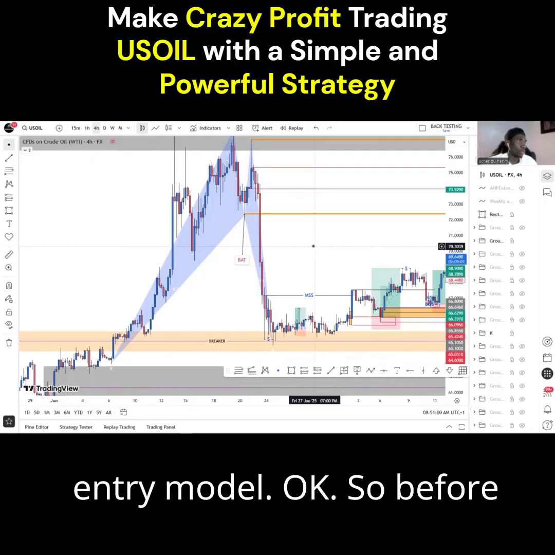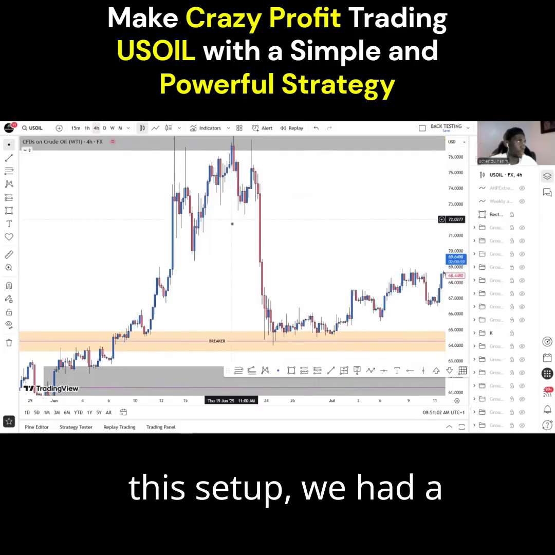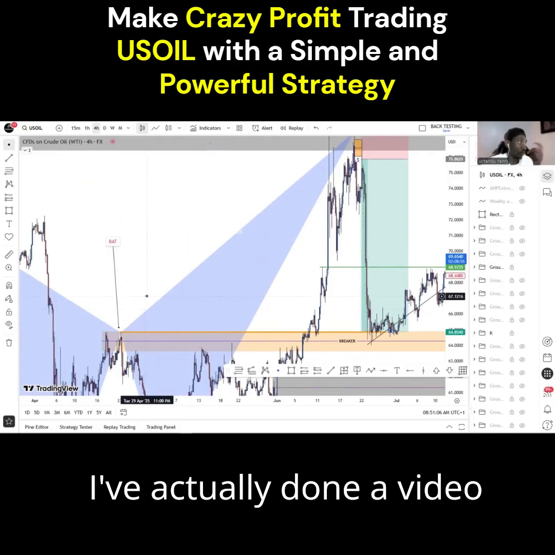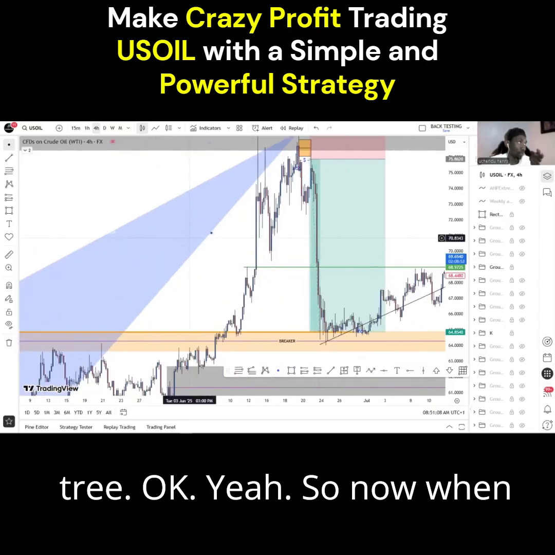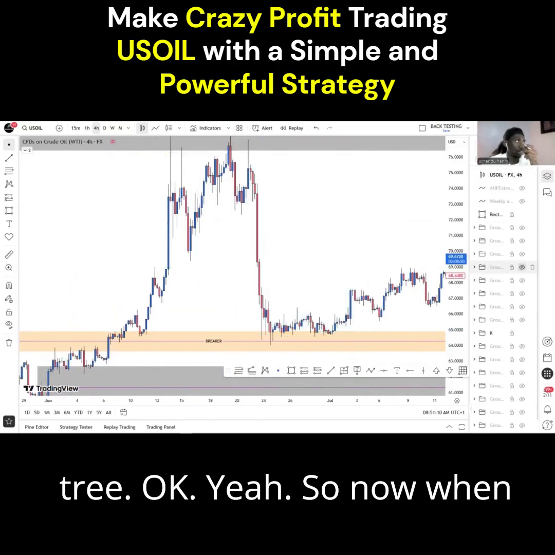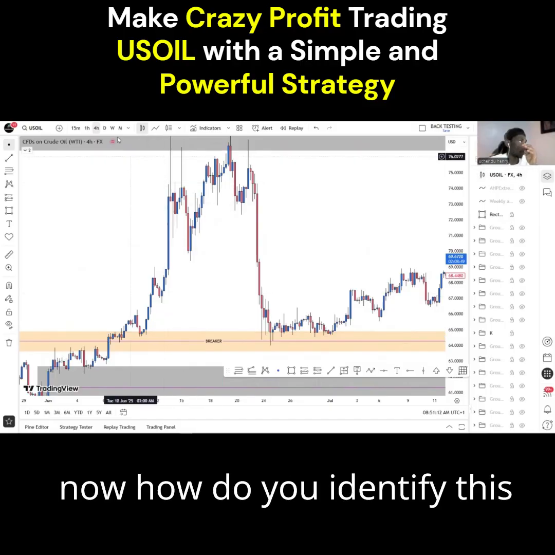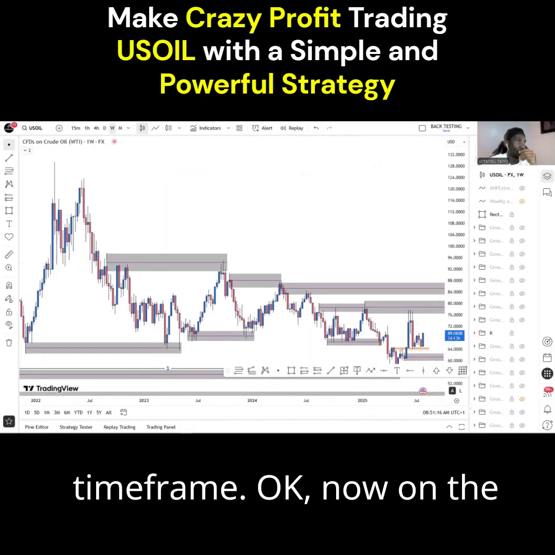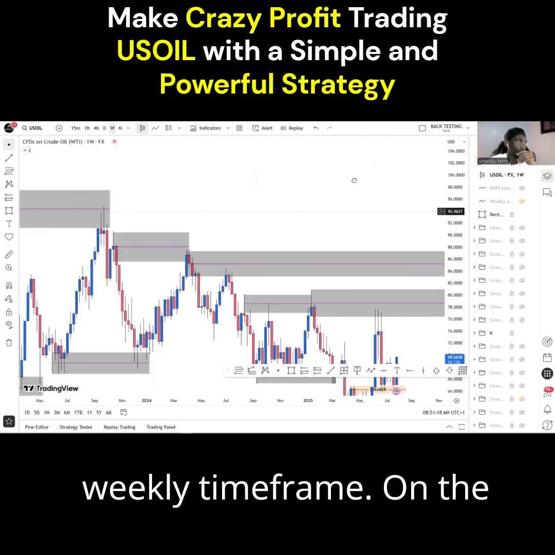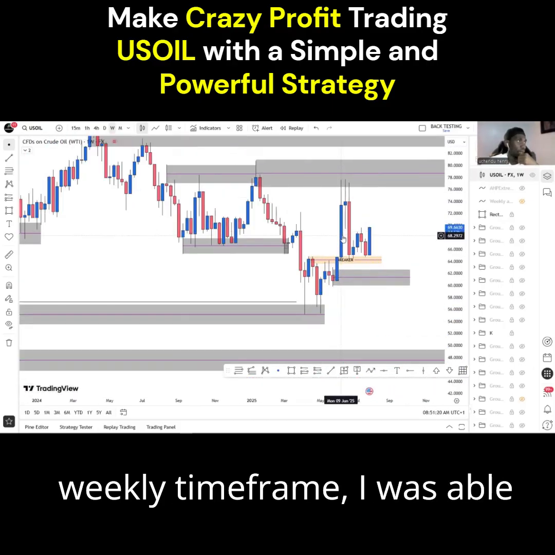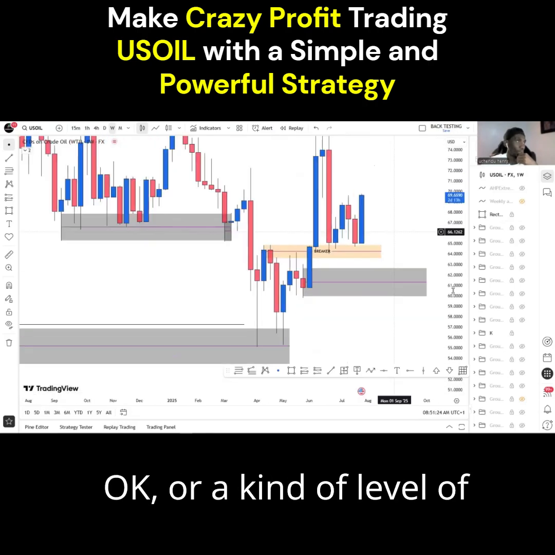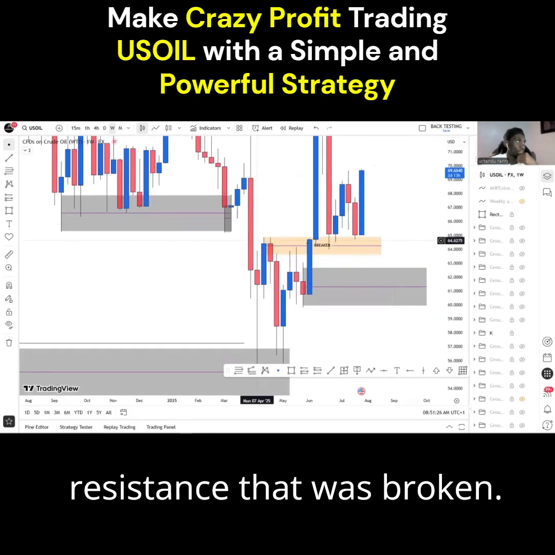Before this setup, we had a setup on US oil, which is this particular one. I've actually done a video review on this trade. Now, when price dropped to this key level, how did I identify it? Look at the weekly time frame. On the weekly time frame, I was able to identify this breakout block, a level of resistance that was broken.